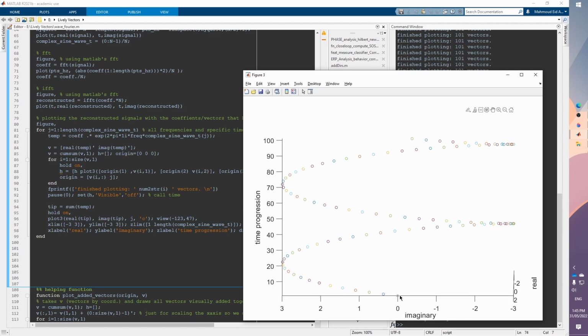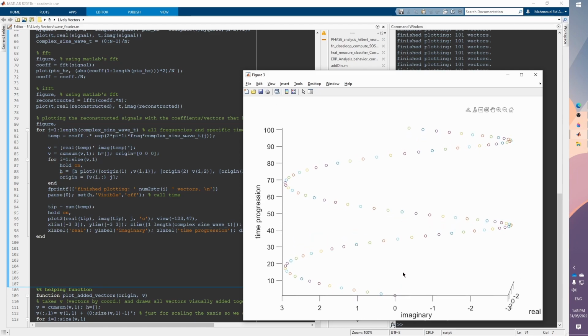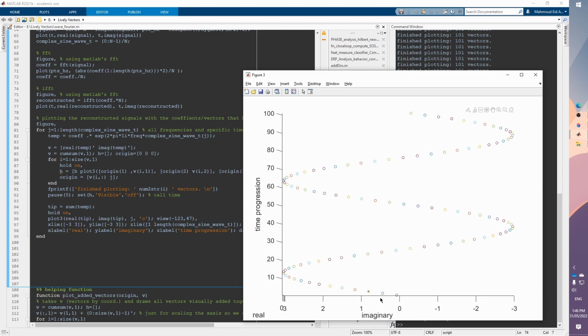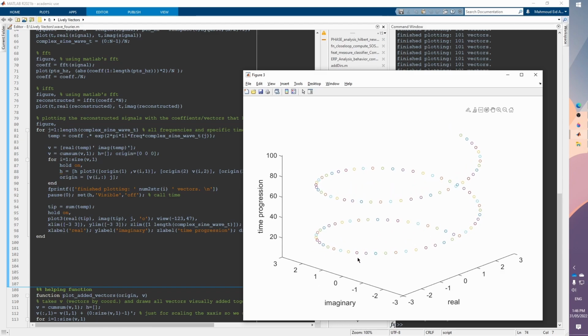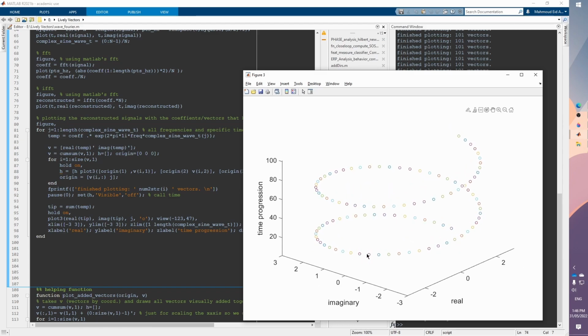And we can see that yes, it's really starting from zero. It's going to the maximum and then going down and so on, and that's a sine wave. So it's a very nice way to see how this is progressing and how these vectors are rotating to draw our signals.